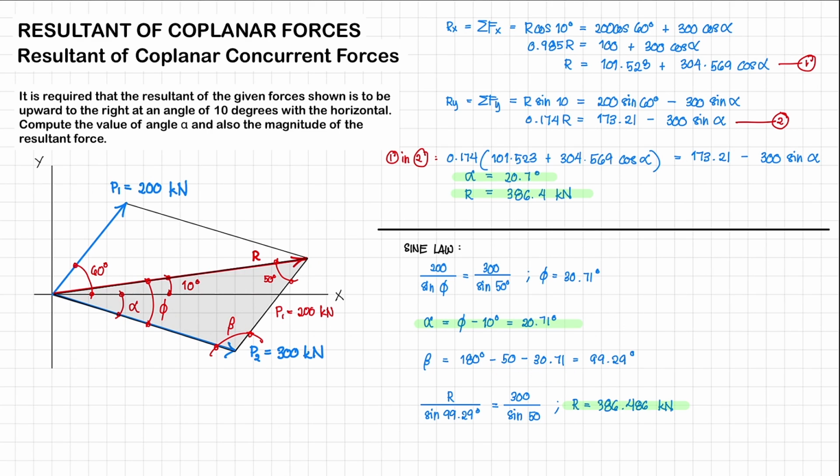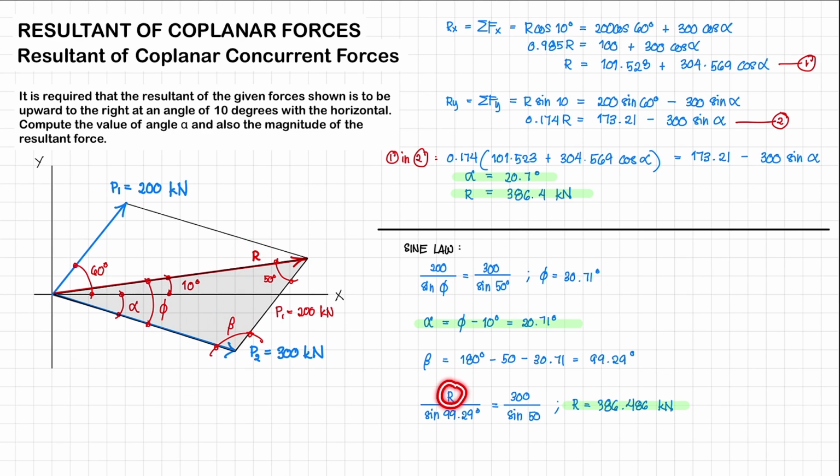So that came from the principle of our triangle that when you add all the interior angles, it must be equal to 180 degrees. So we have 180 minus 50 minus 30.71. That is going to be equal to 99.29 degrees. And once we know angle beta, we can now solve for our resultant force.